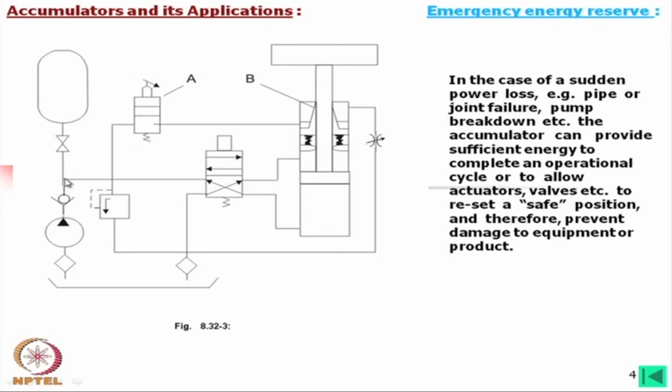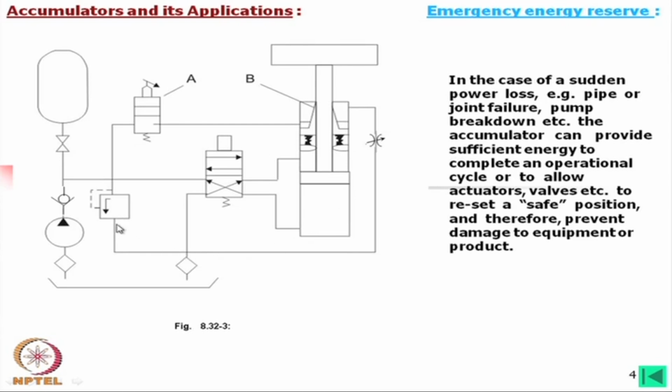Now, what we find from here, it is connected, this line, this is a junction point, this is not crossing each other, this is a junction point. That means this oil can first of all go through the relief valve, okay. Then it can go to a 2 position valve, or you can say some sort of switch on and off, and then there is a 4/2 directional valve, through which it is going to a cylinder.